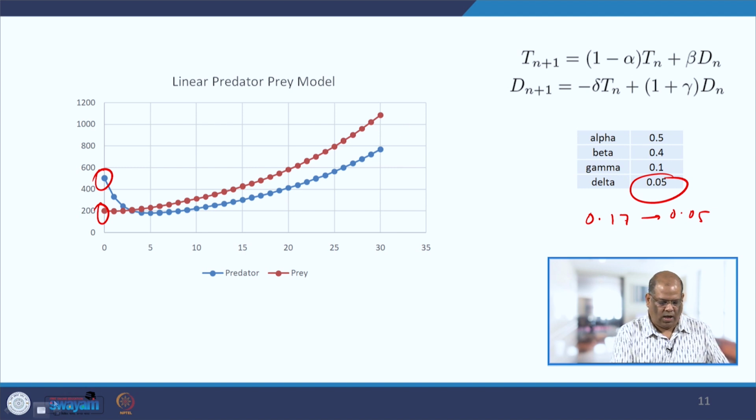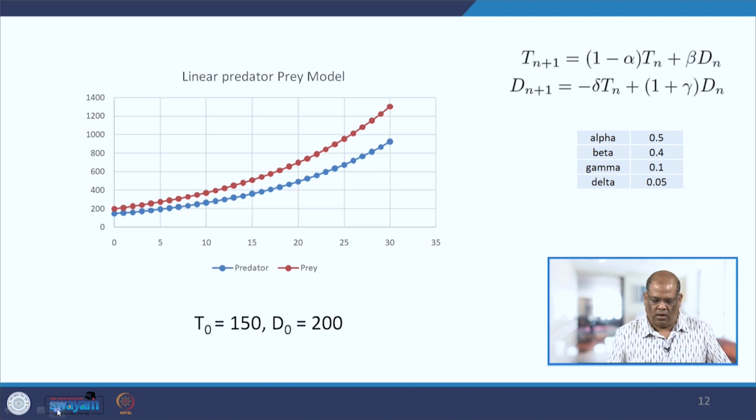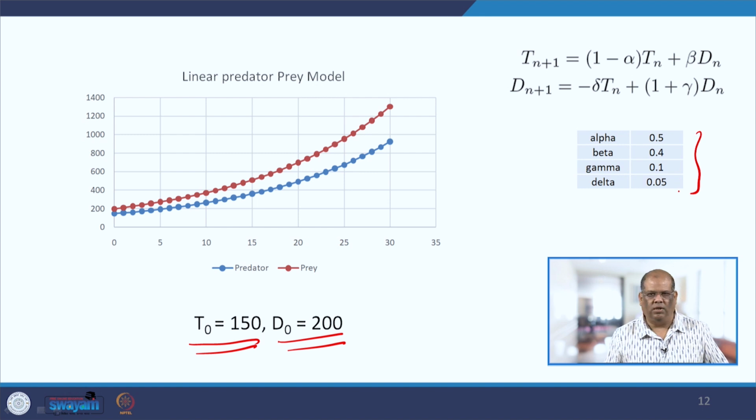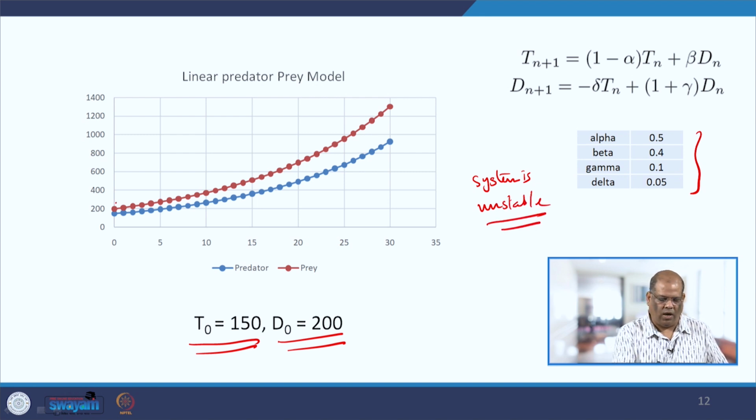In the third case, I take T0 equal to say 150, your D remains the same, these values remain the same, which means your system is unstable. And in this particular graph you also see the same thing, you started from 150 and 200 and they increase unboundedly.